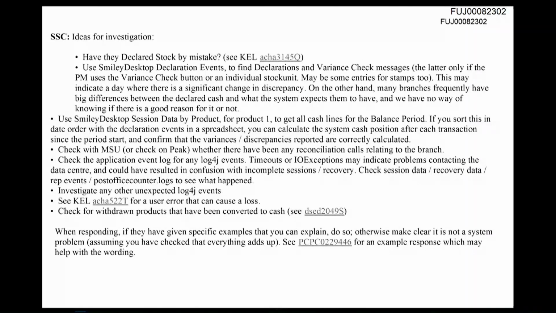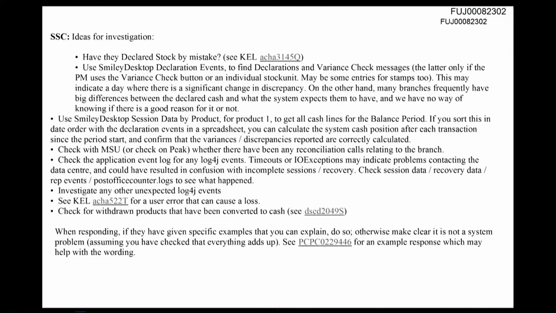And then over the page, in the instructions to, I think, the SSC, at the foot, you say when responding, so that's when you, SSC people, are responding to the lower lines of support. If they, that's the lower lines of support, have given specific examples that you can explain, do so.